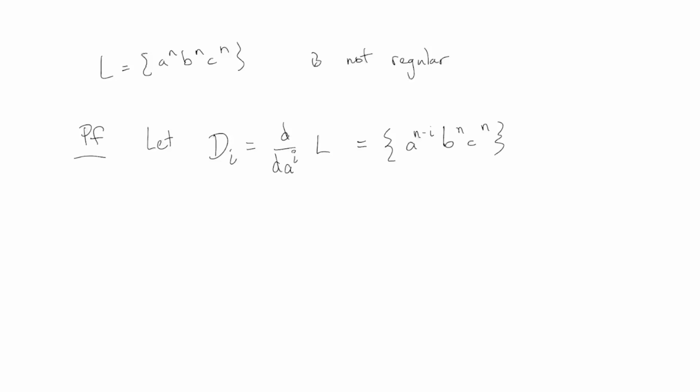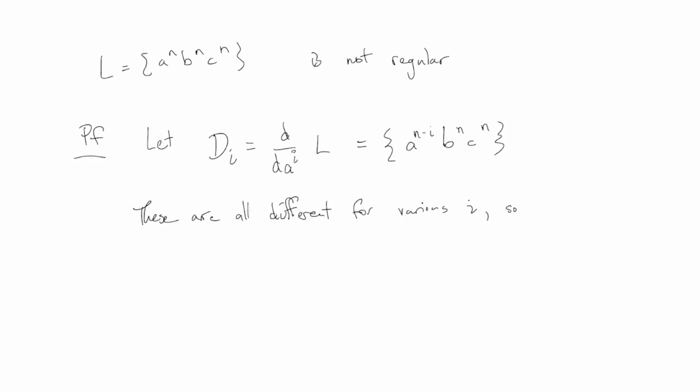And all you have to say is those sets are all different from one another for various i's. For instance, if i equals 1, you have 1 less a than these guys. If i is 2, you have 2 less a's, and so on. And it's different to have 1 less a versus 2 less a's. So I will just say these are all different for various i.